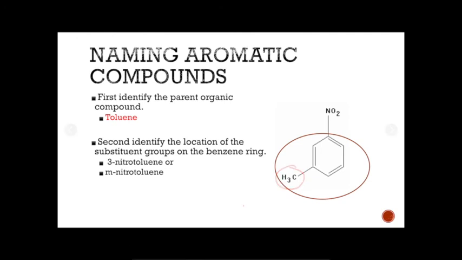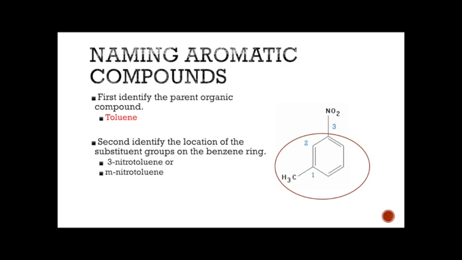Then I need to identify the location of the second substituent, which is 3, right? So we want to start with 1 where the methyl group is, and then go over to the nitro group, which is 3. And then I can name it. So it's going to be 3-nitrotoluene. So we don't have to use benzene because what's in the red circle there is toluene.